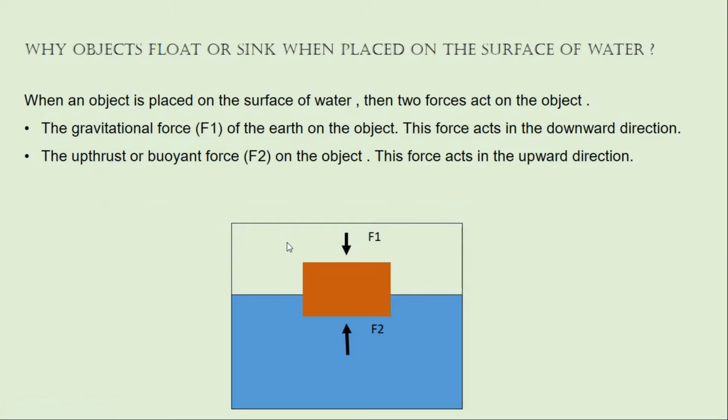Why does an object float or sink when placed on the surface of water? When we place any object on the surface of water, two forces act on the object. First is the gravitational force of the earth in the downward direction, and second is the upthrust or buoyant force, which acts in the upward direction.